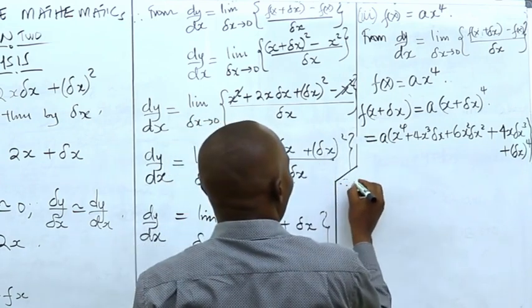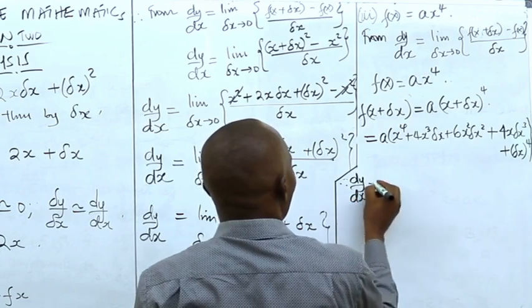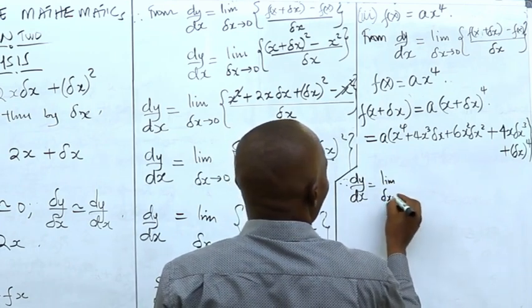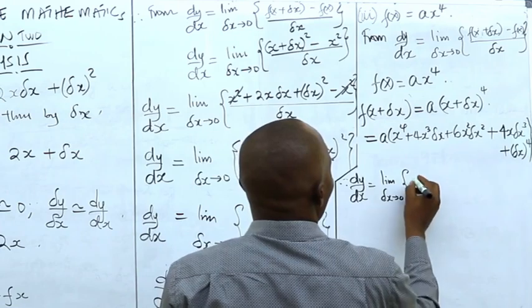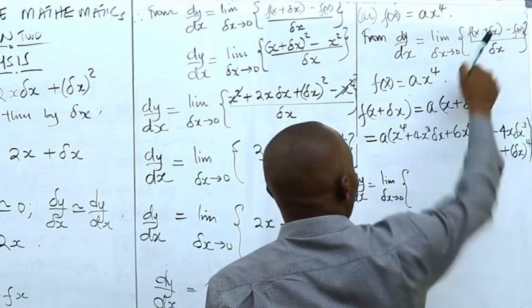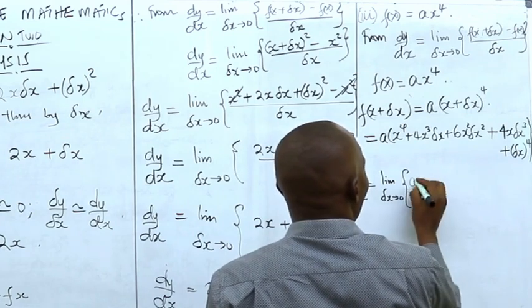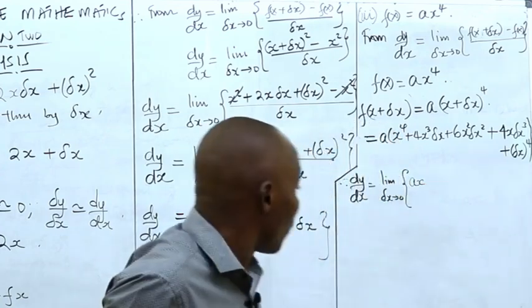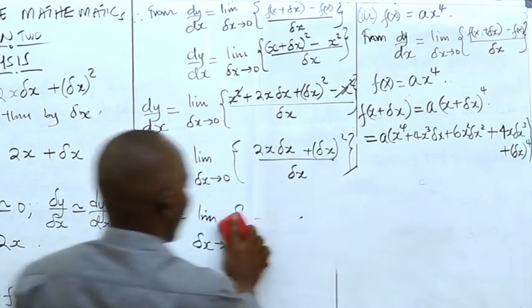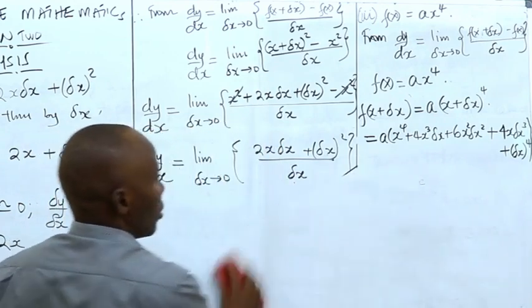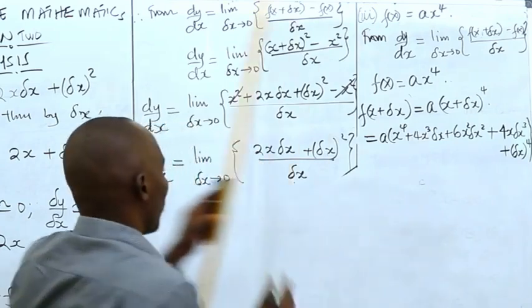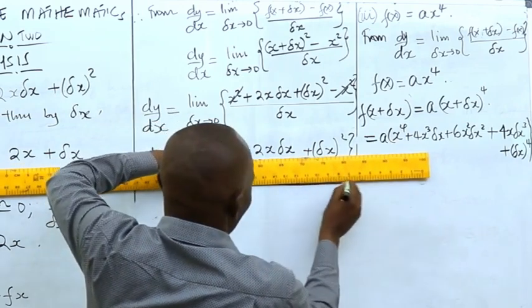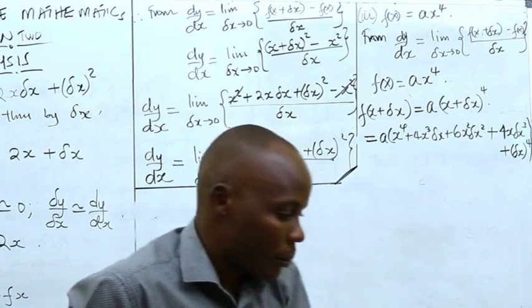My dy dx is the limit as delta x tends to 0 of, let me widen my space such that it is big enough.